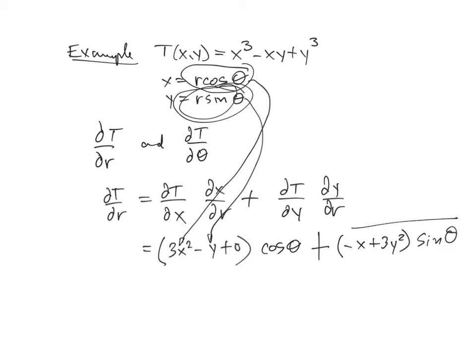And over here as well. Now we're going to have an expression with just r's and thetas in it, no x's and y's. Again, we want that because we're looking for the partial derivative with respect to r. When you do that and simplify things a bit, you're going to get 3r squared (cos cubed theta plus sine cubed theta) minus 2r sine theta cos theta.